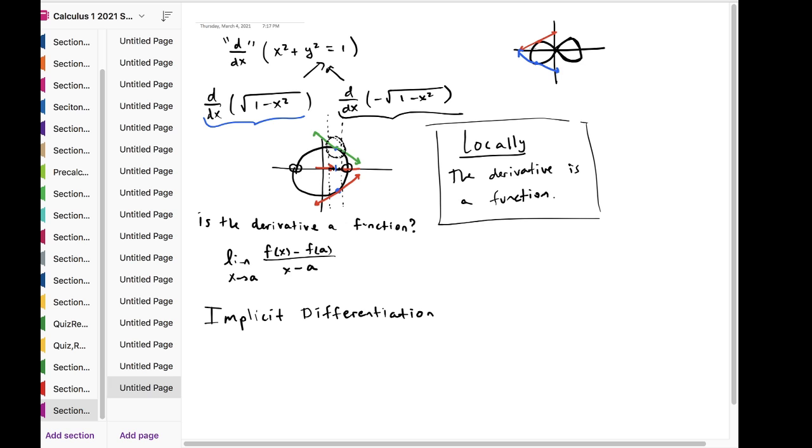However, it does make sense as an object worthy of study, right? You probably should want to think about how the circle is changing. And just because it's not a function, why should we just ignore that? So we'll explore more of that next time. And there are a lot of cool shapes we'll find the derivatives of, in quotes. But yeah, we'll do that next time.